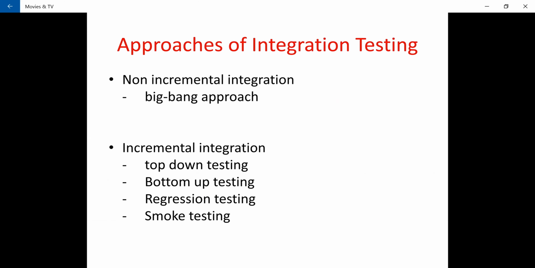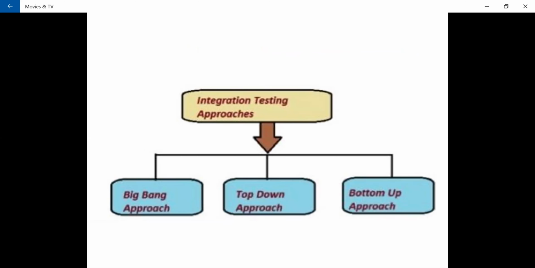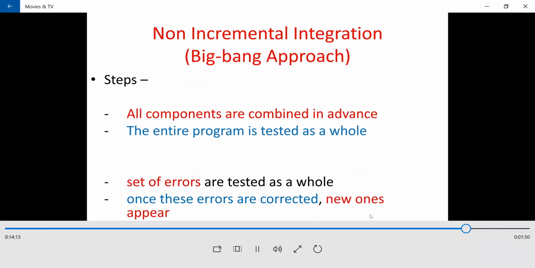Non-incremental integration is the big bang approach, and in incremental integration there are top-down testing, bottom-up testing, regression testing, and smoke testing. Regression testing approaches are three: big bang approach, top-down approach, and bottom-up approach.